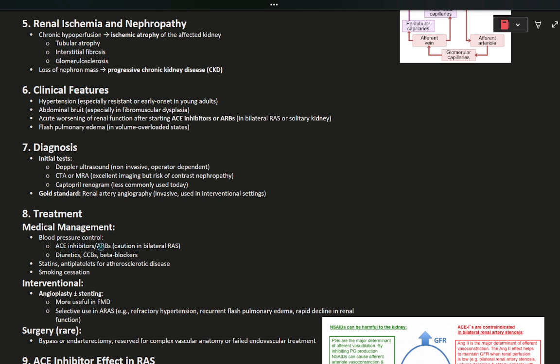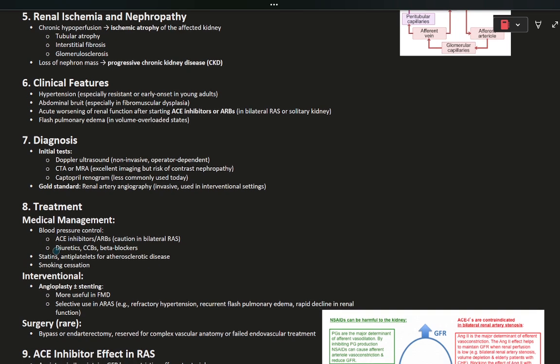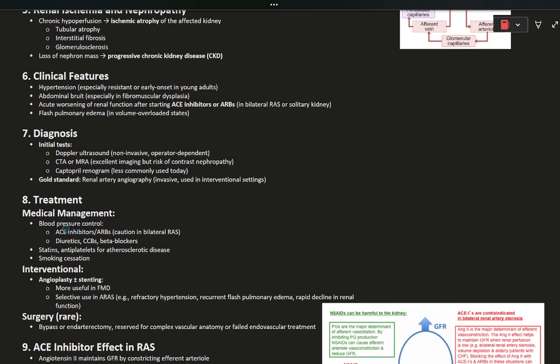However, this can be problematic in patients with bilateral renal artery stenosis. So consider either use of diuretics, CCBs, or calcium channel blockers or beta blockers instead if blood pressure needs to be controlled, or specifically decreased.